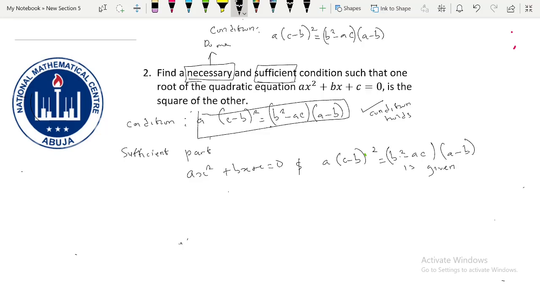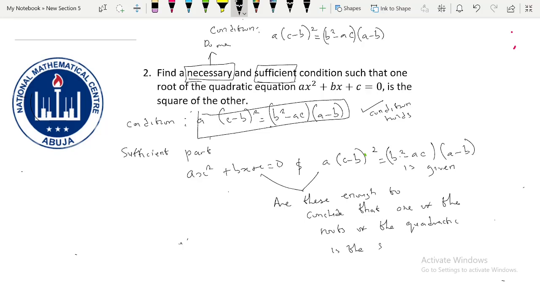You know these two. Can I use these two pieces of information? Are these enough to conclude that one of the roots of the quadratic is the square of the other?